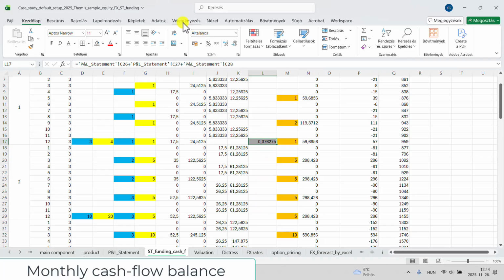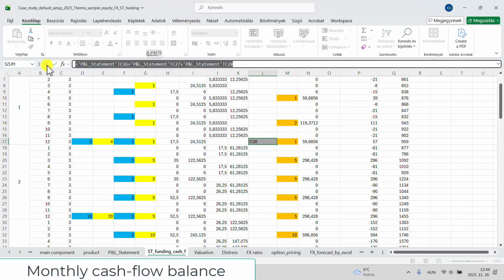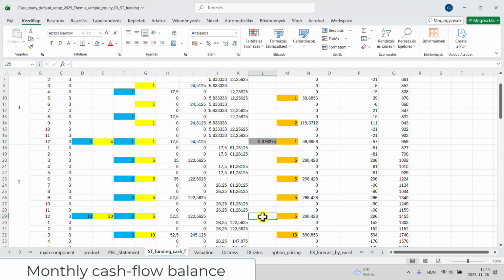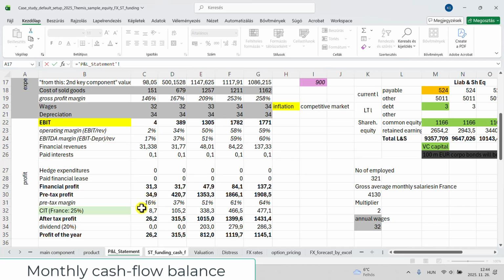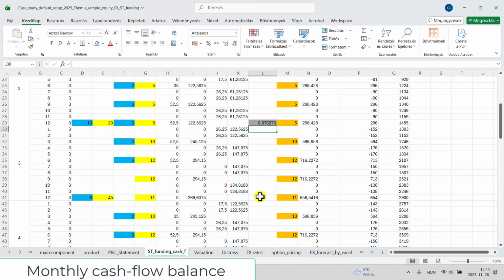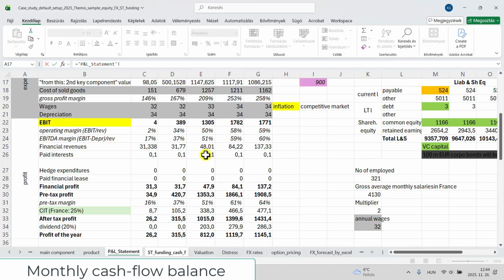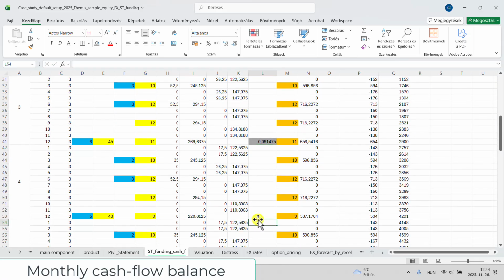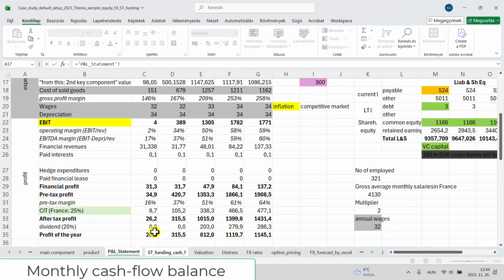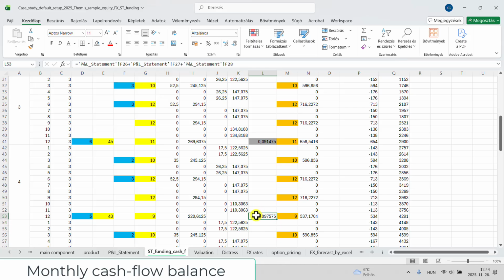Then the same stuff should be repeated, plus for the third year, plus again for the fourth year, again expenditures.